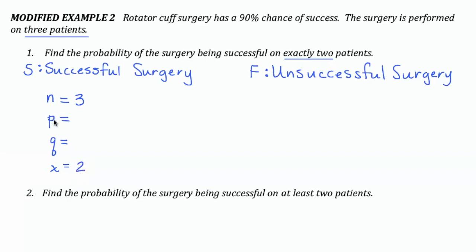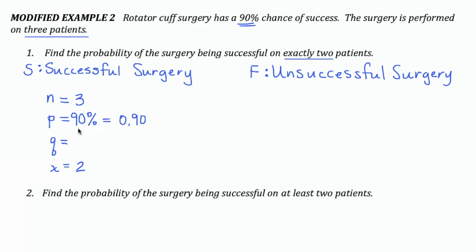Little p is the probability of being successful. And we were told up here that the probability of being successful with this surgery is 90%. And remember, 90% written as a decimal would be 0.90. When you record little p, it does need to be a decimal. Little q then is supposed to be the probability of failure.